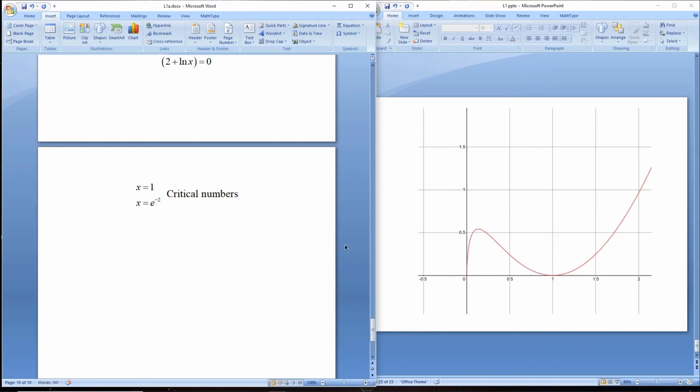Now, since we have pulled up the graph here, because we couldn't do this limit right here. We will be able to next week, though. But you can see now that e to the minus 2, well, that must be right here. That must be this one. Because you can clearly see that 1 is this one.